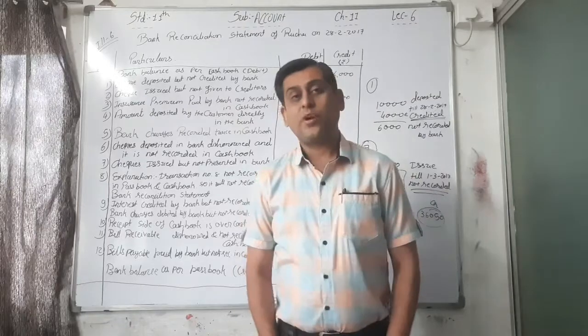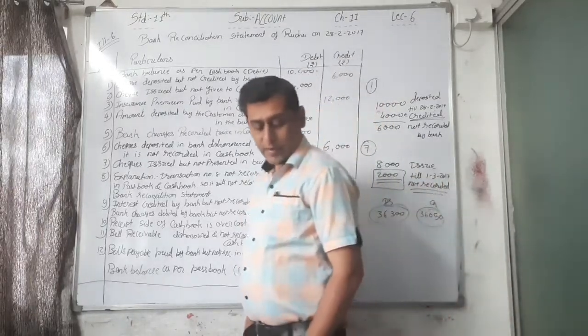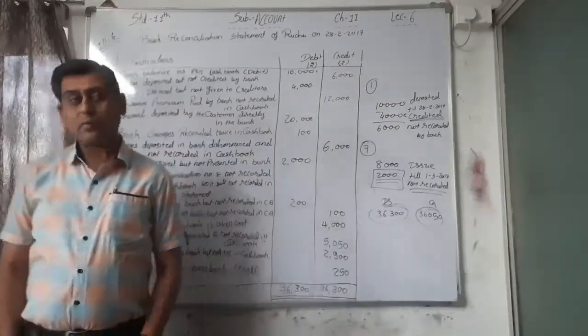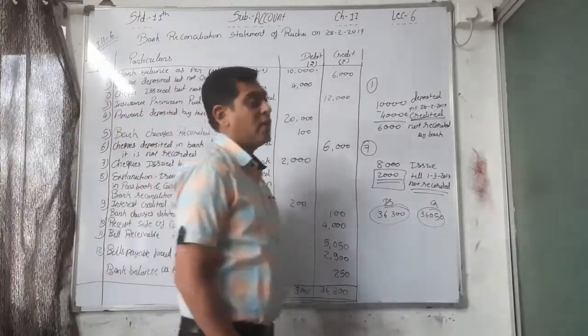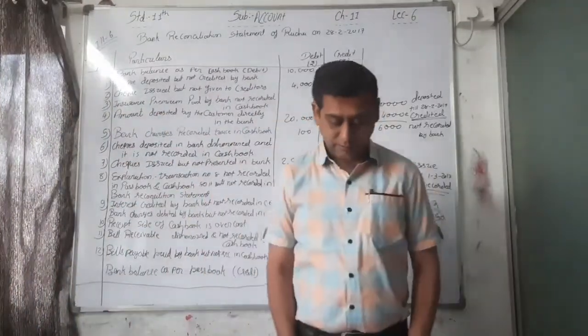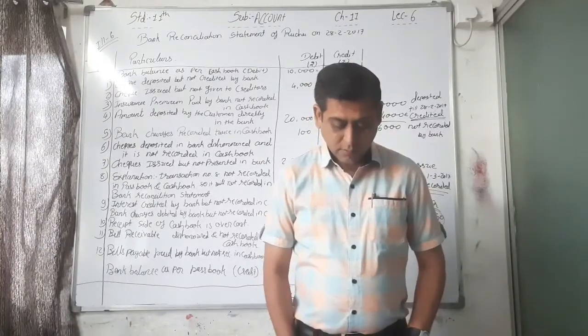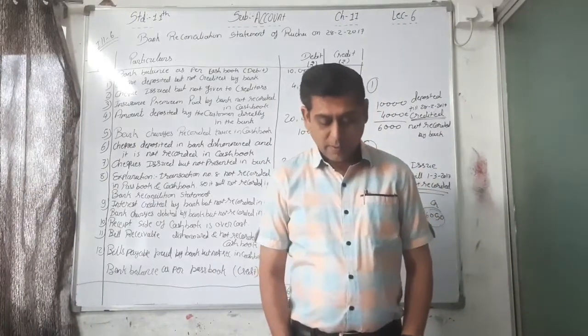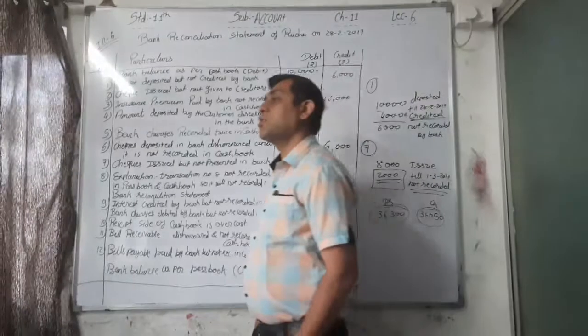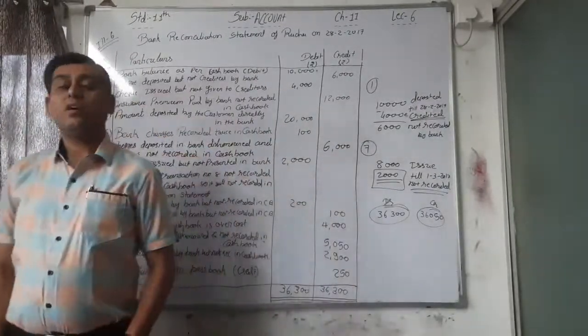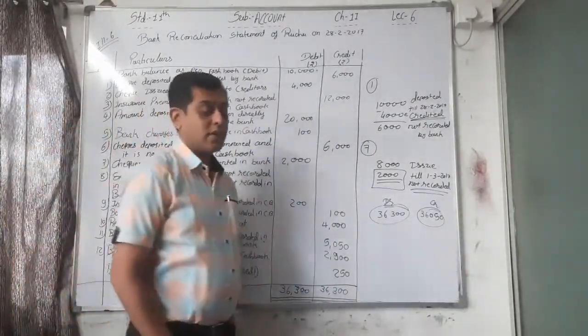And the last point, that is 10, bank has debited bank charges. Bank debited 20 in the passbook as bank charges, so bank charges not recorded in the cash book, and that's why we have to credit it. Write down credit near the 10th point.